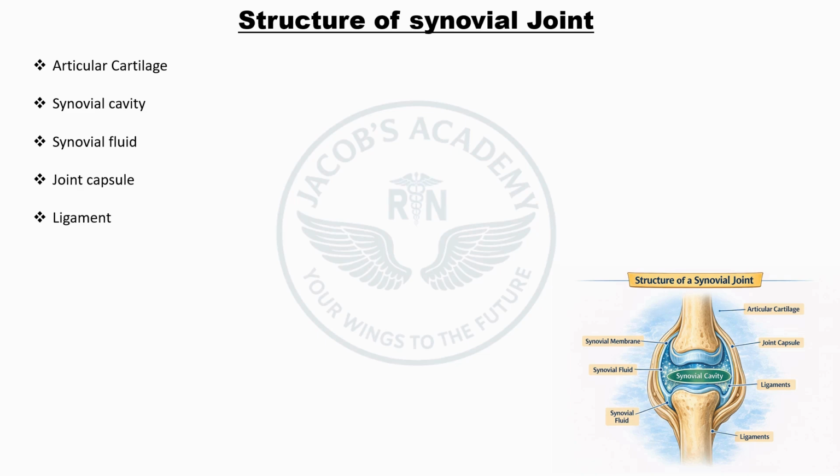Coming to the ligaments, ligaments strengthen the joint capsule. They connect bone to bone and help to prevent excessive or abnormal movement, to reduce the risk of injury. From a clinical perspective, this structure is very important for nursing students as well as nurses to understand, because damage or inflammation of any part of the synovial joint can lead to conditions such as arthritis, joint stiffness and joint injuries.